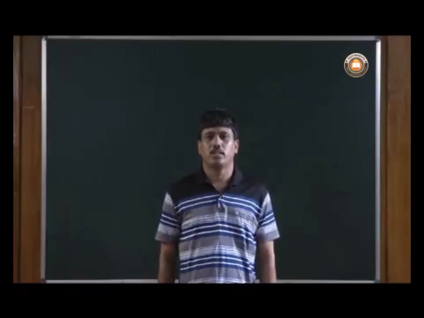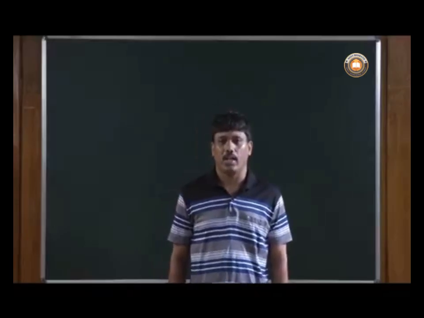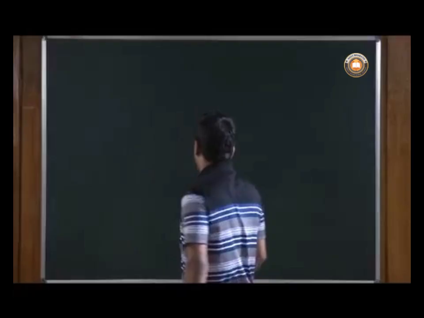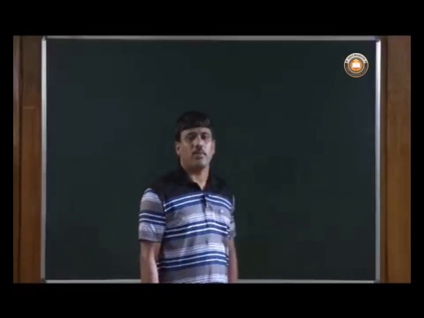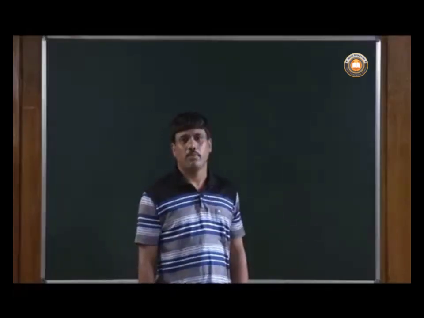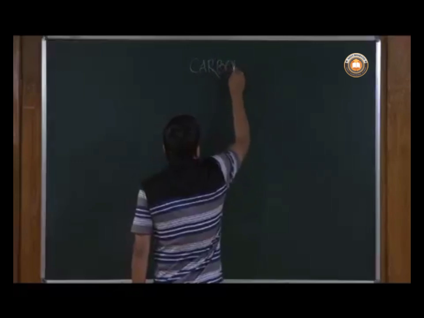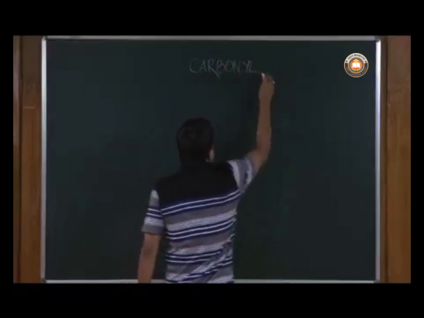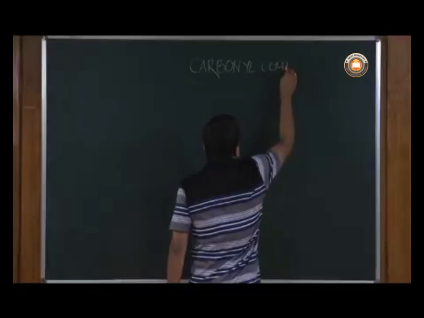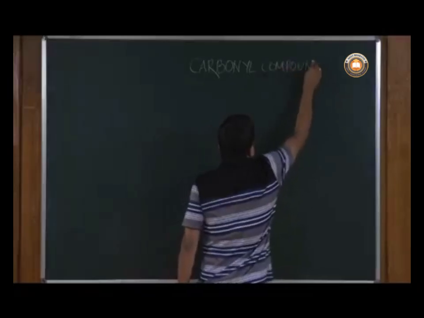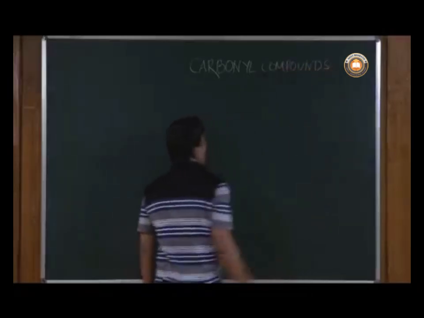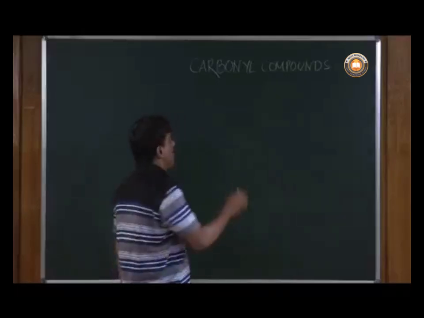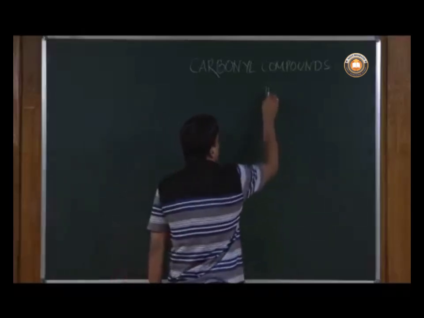Today we will discuss class 12 unit 12: aldehydes, ketones and carboxylic acids. Aldehydes, ketones and carboxylic acids are called carbonyl compounds, and they have a common functional group which is called carbonyl.